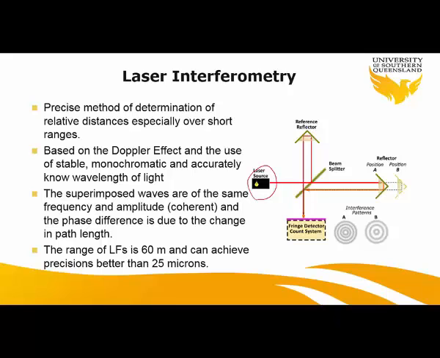The reference reflector and the reflector you put at the start are basically at the same distance or range, and then once you move that reflector to two different positions, the returning signals, when they come back to the beam splitter, interfere with each other, so they create the interference pattern that you can see, position A and B.